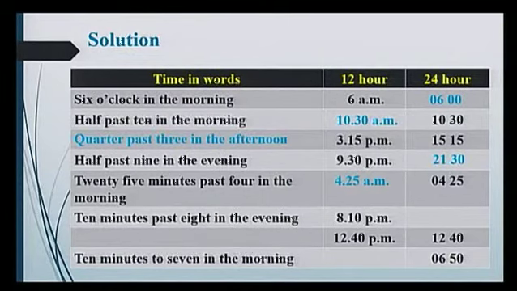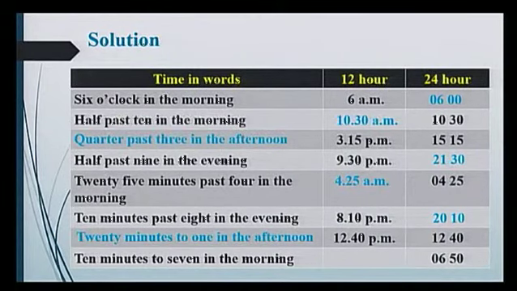So it is in the evening, we have p.m. So it's going to be 8:10 plus 12, that is 20:10. Next one, 12:40 p.m. So it's going to be just 20 minutes to 1 in the afternoon. For the last one, 10 minutes to 7 in the morning. So morning, it's going to be a.m. So it's 6:50 a.m.